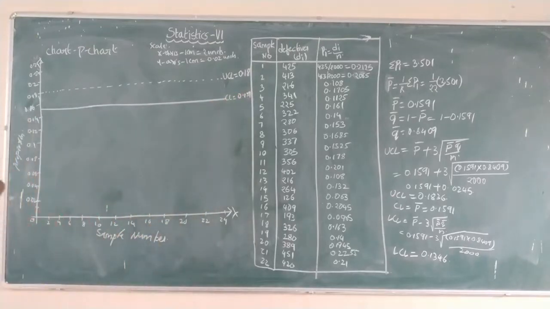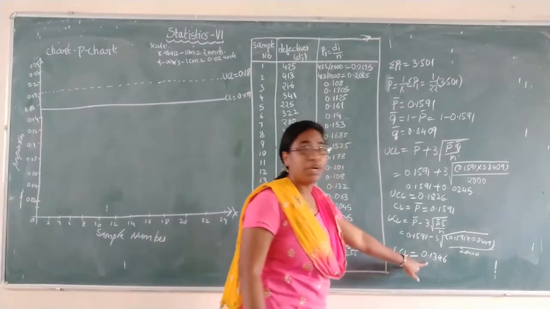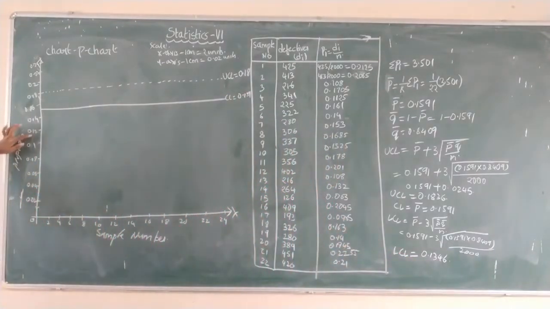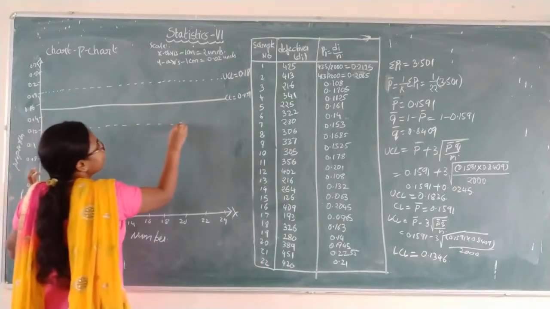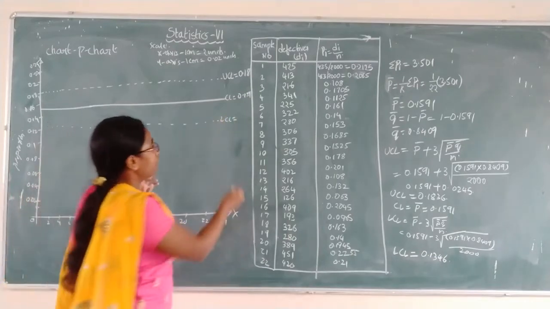Next, draw the LCL. LCL value is 0.134, which is between 0.12 and 0.14. Draw a dotted line there. LCL equals 0.1346.